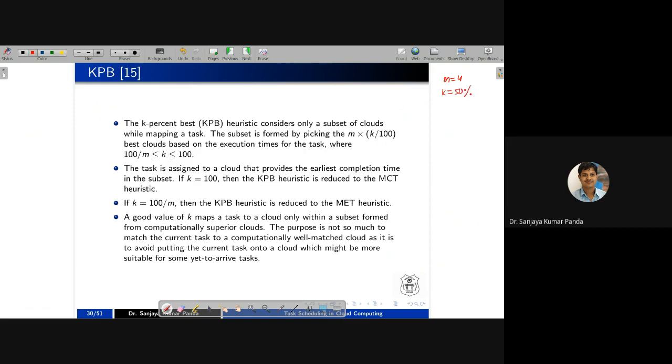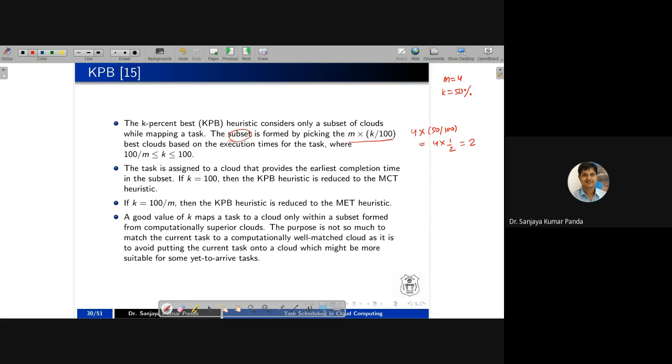So M into K by 100 is 4 into 50 by 100, which is 4 into 1 by 2. You will get 2. That means the subset is found by picking the 2 best clouds out of 4 different clouds.